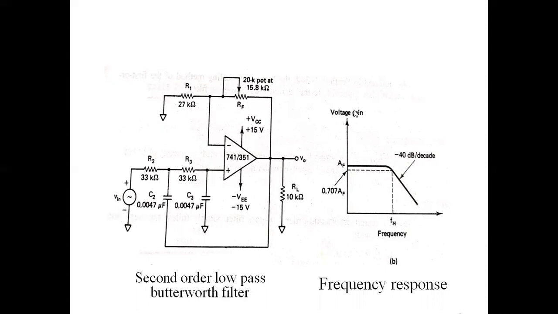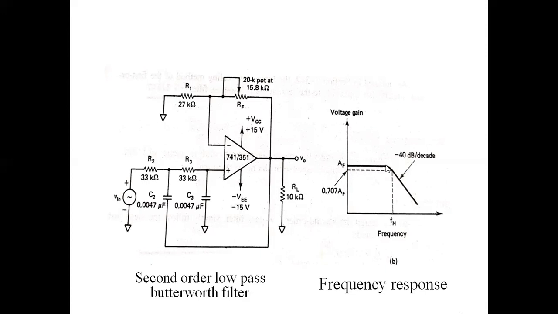This is the frequency response of the second order low pass Butterworth filter, that is voltage gain versus frequency. The dashed line represents the ideal characteristics of the frequency response of the second order filter, whereas the solid line represents the practical response. Since it is a low pass filter, the frequencies up to FH, the higher cutoff frequency, are allowed.